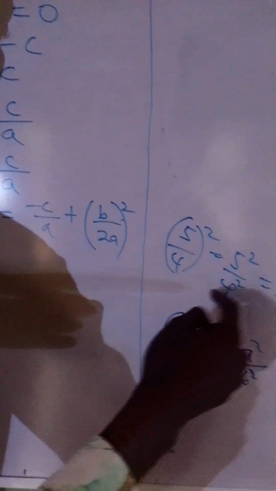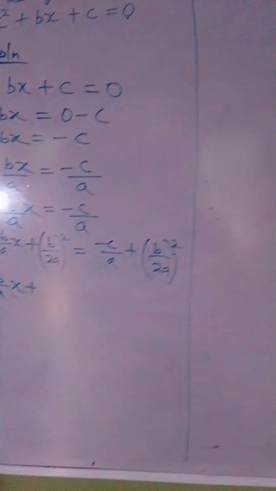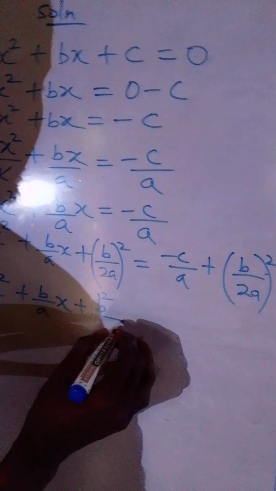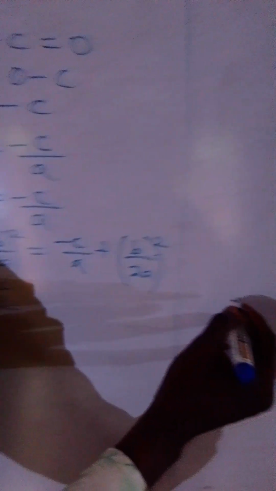Because 5 times 5 is 25, 4 times 4 is 16. So when you have a fraction raised to a power, both the numerator and denominator share the power.